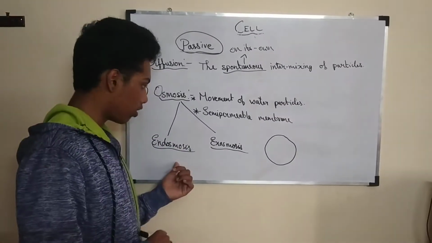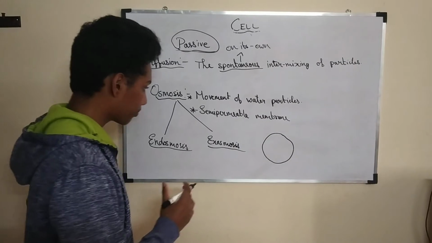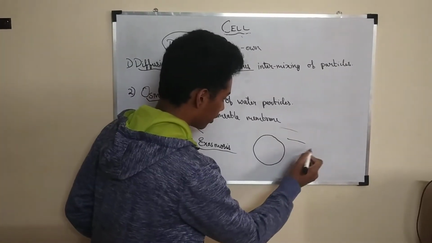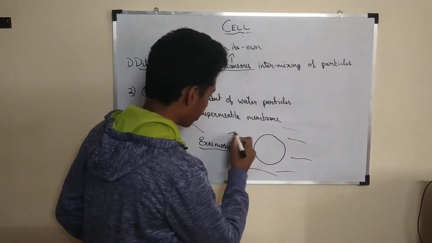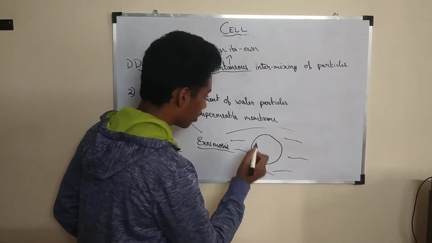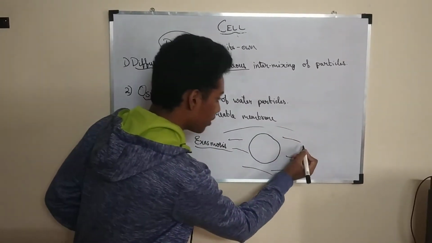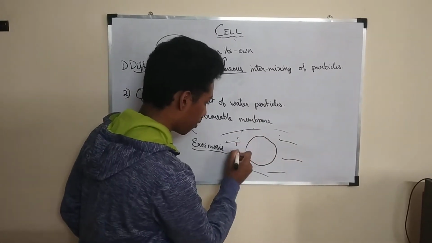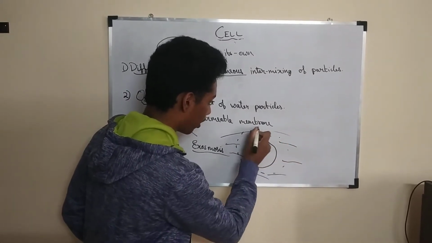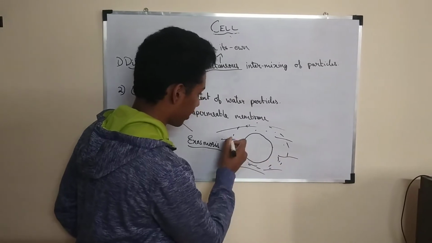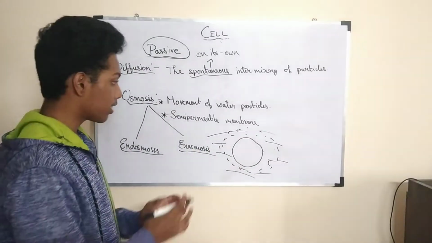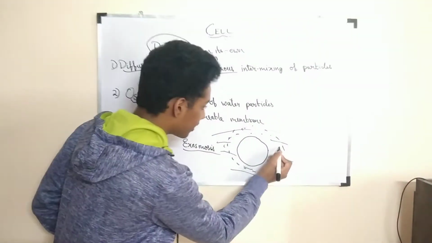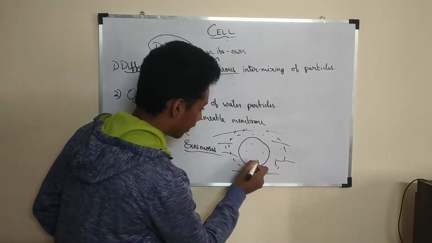For endosmosis, this is the solution. The water particles move from the surroundings. Let's say there is a higher concentration of water particles outside the cell, which I'm drawing, and less inside the cell.